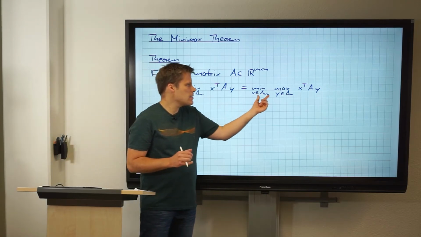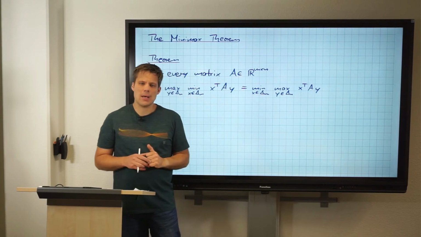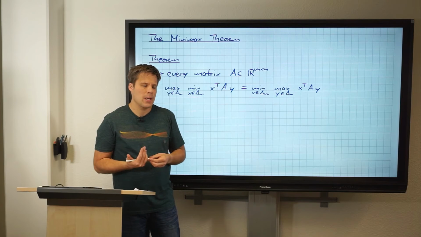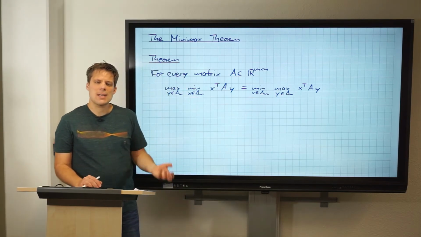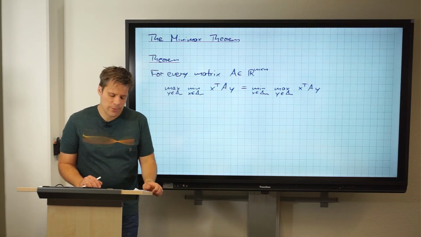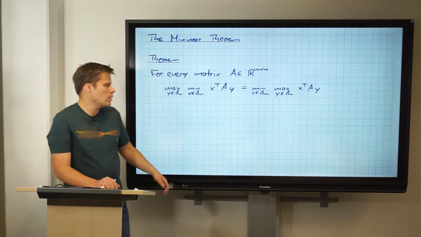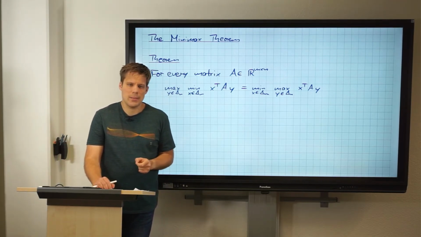Whereas here, it's the other way around. Here, the y may depend on the x, but not the x on the y, of course. The x is chosen first, and then for any fixed x, the y may be chosen. Good. So this is the theorem that we want to prove today.